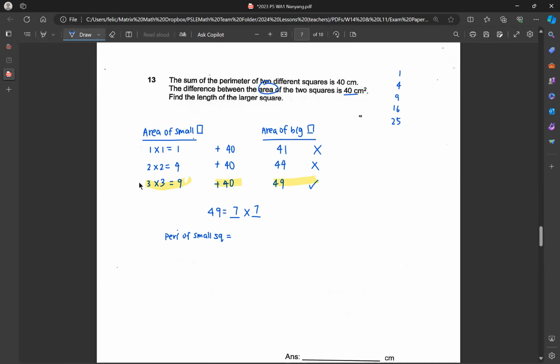So perimeter means there are 4 sets of 3 cm, right? 4 times 3 cm, 3 plus 3 plus 3 plus 3. So perimeter is the outline, the outside of the shape. Next will be the perimeter of the big square. So using the 7 cm side, 7 times 4.